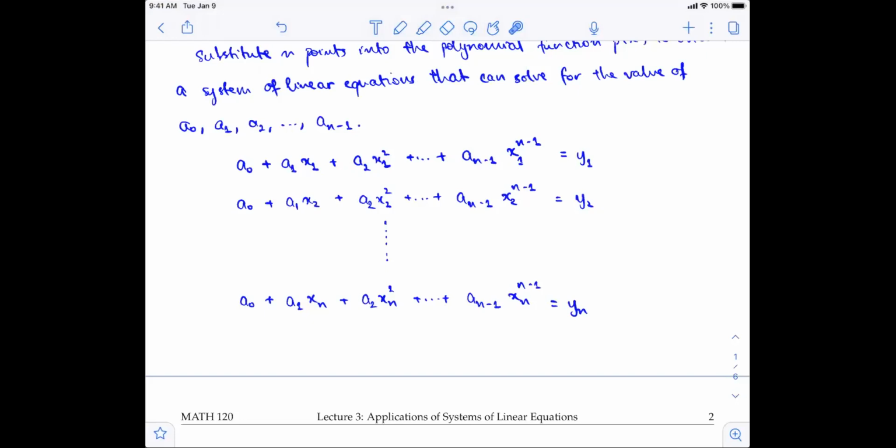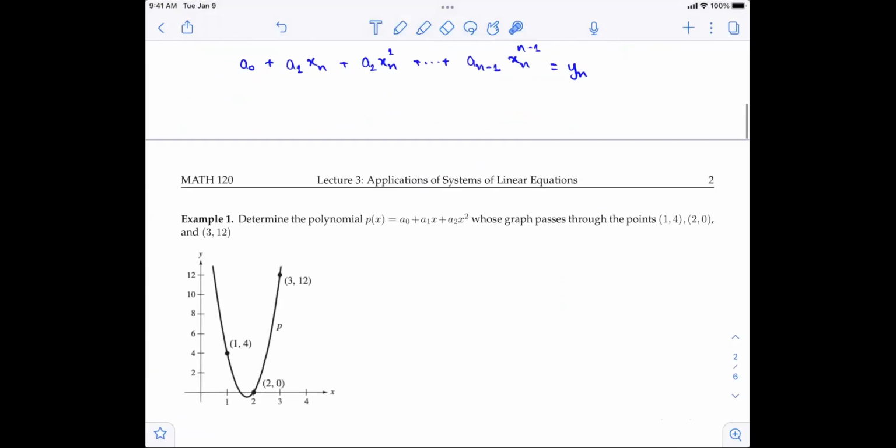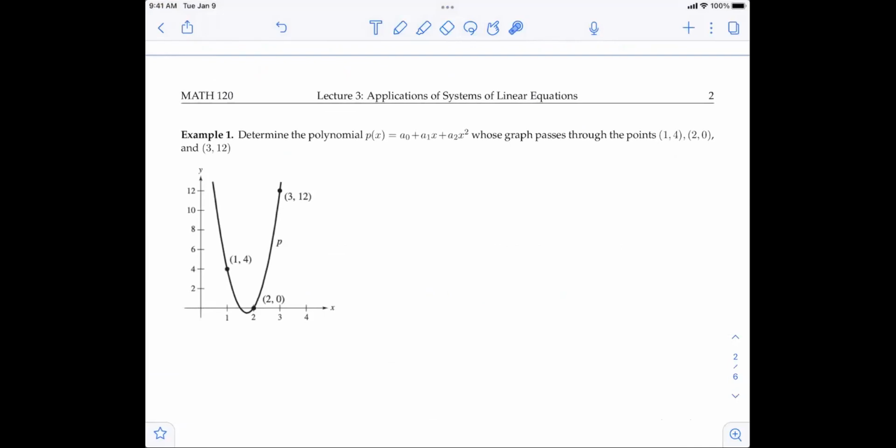So let's go through a couple of examples in this lecture related to polynomial curve fitting. The first example is a polynomial of degree 2, because the highest power of x is 2. So let me quickly note that this is a polynomial of degree 2.